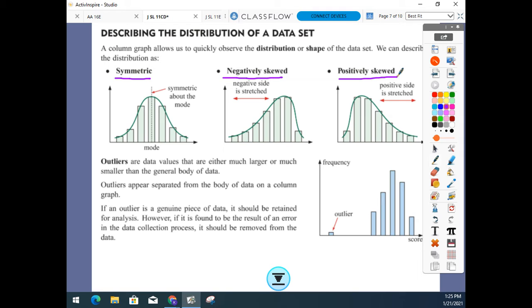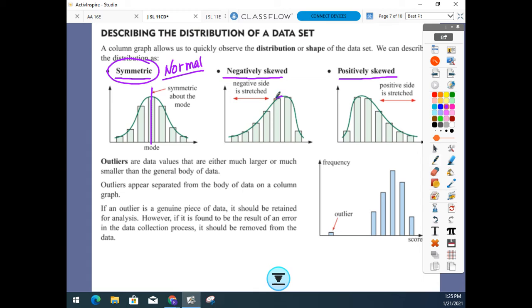Okay, so if the mode is in the middle and it's somewhat symmetric about the mode, we talk about symmetric as a way to describe the data. We'll get into, I don't know if it's the next chapter or next year, the other way to describe this, and you may have talked about this in Algebra 2 as a normal curve if it's symmetrical.